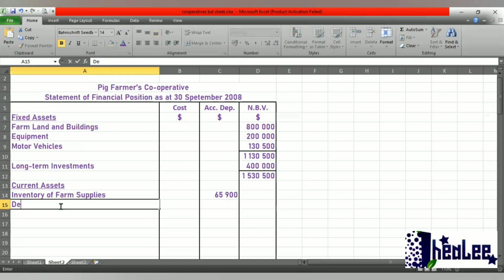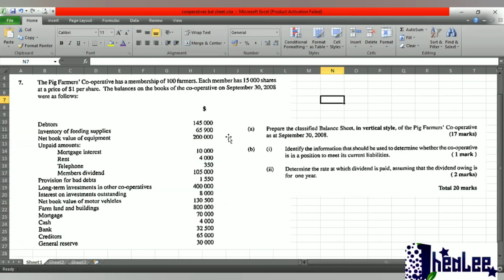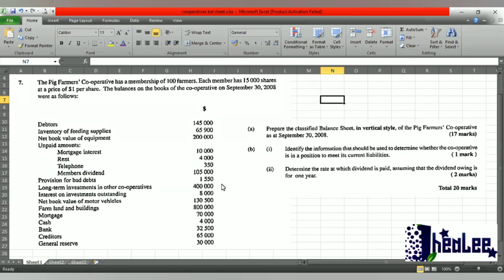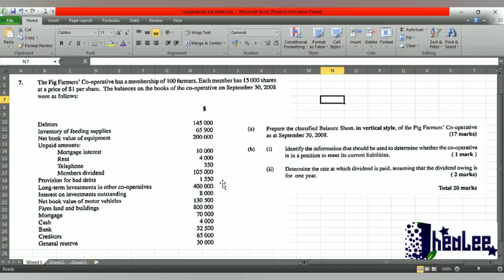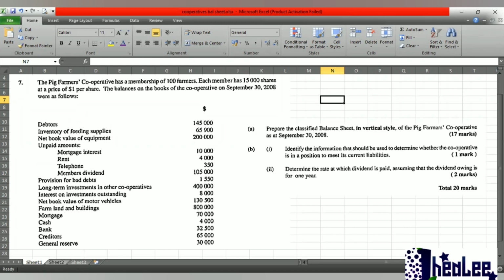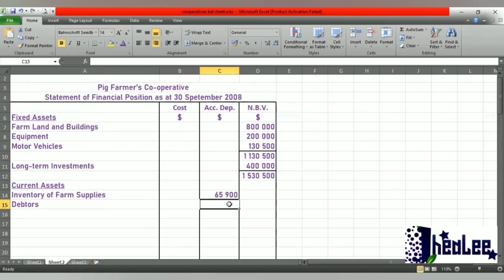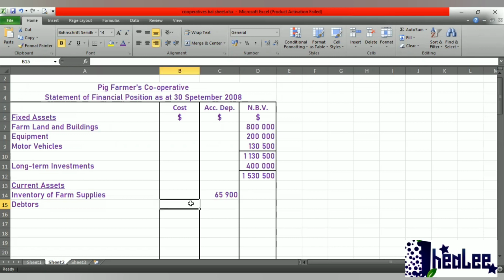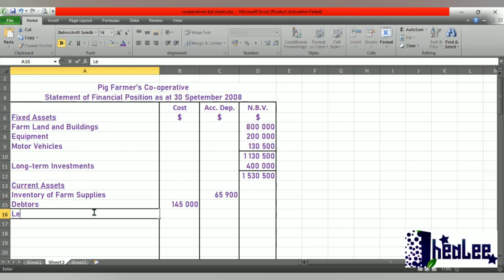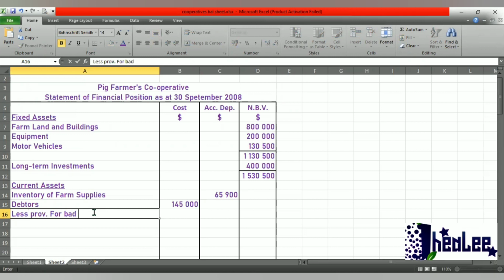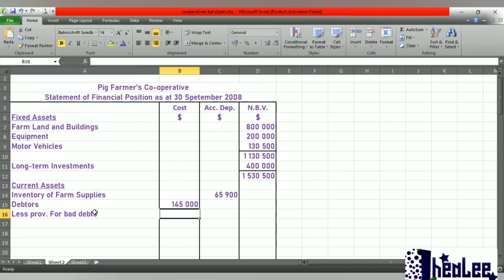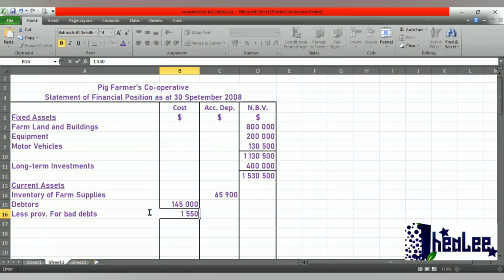Our next item would be debtors. And our debtors value is 145,000. And we're going to subtract the provision for bad debts of $1,550 from that. So our debtors figure is $145,000, and from that we're going to less provision for bad debts, which is $1,550.